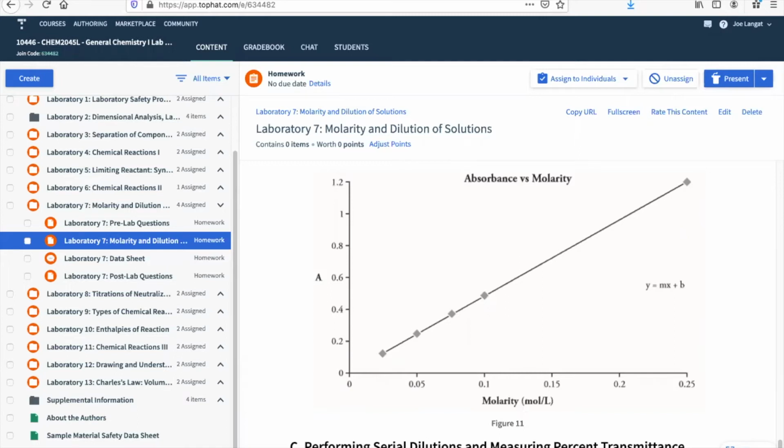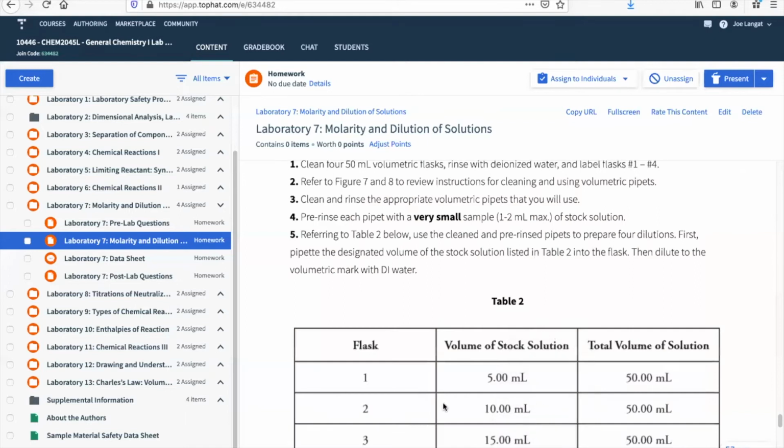In the equation of a straight line, x is the molarity of the solution.